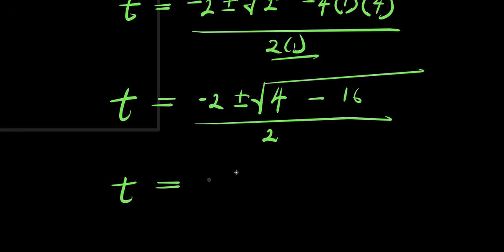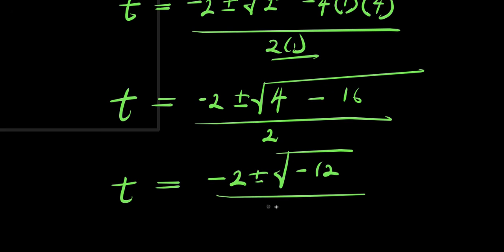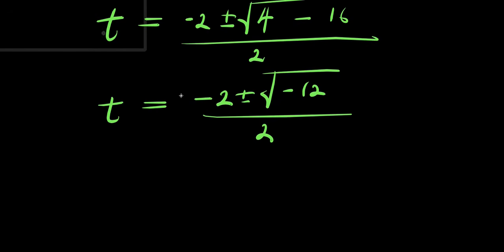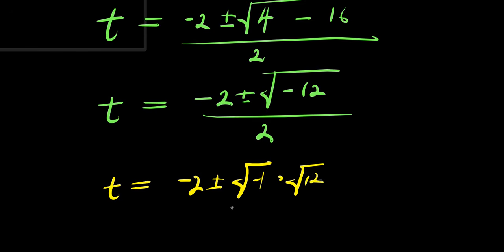From here, I have t equals negative 2 plus or minus square root of negative 12, divided by 2. So from here, I have t equals -2 plus or minus the square root of -1 times square root of 12, and this is divided by 2.